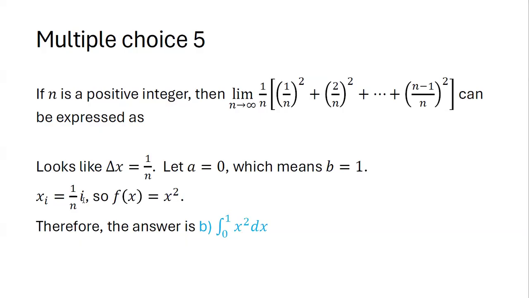If i is 1, 1 over n. i is 2, 2 over n. i is n, that's n over n. Yeah, this would work out. This is probably like the right endpoint definition. But anyway, our answer is, we have all the pieces, the integral from 0 to 1, x squared dx.